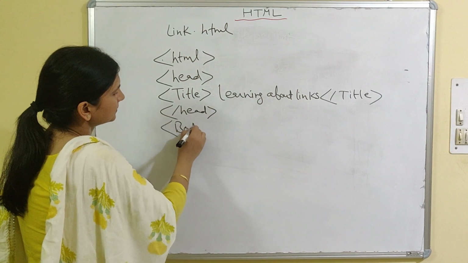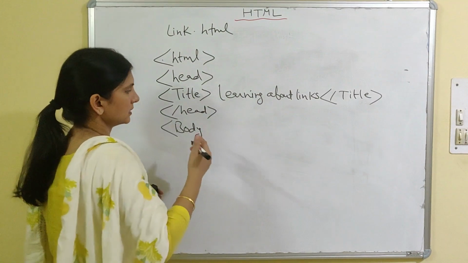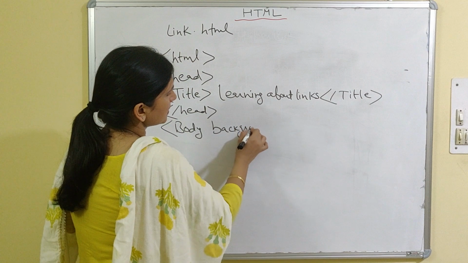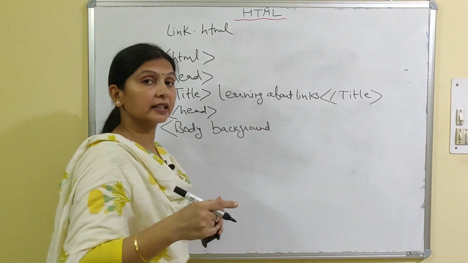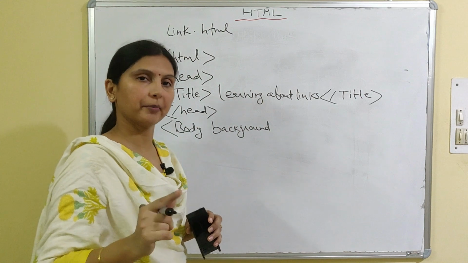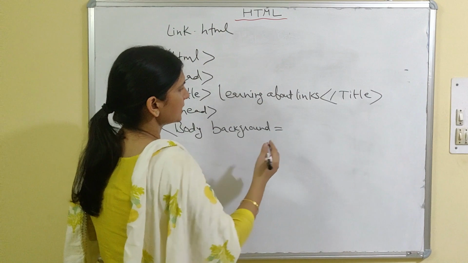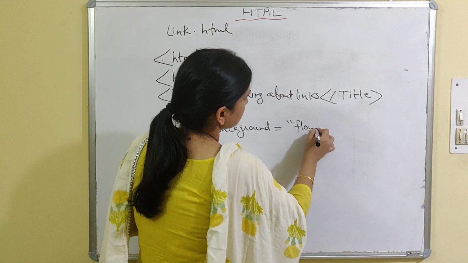Body tag start. In the body, today we will give the background as an image, so we will use the background attribute. Instead of bgcolor, you can use either bgcolor or background. For example, any JPG file like flower.jpg.